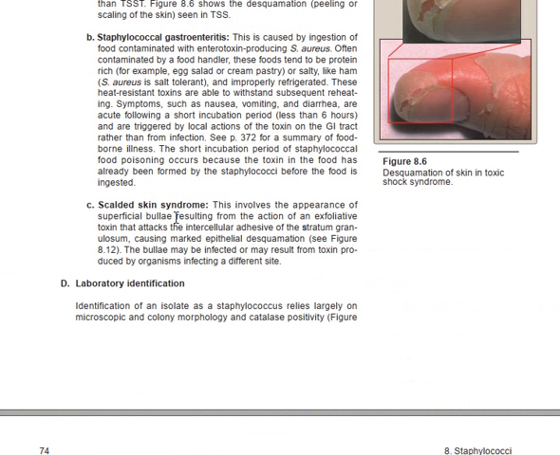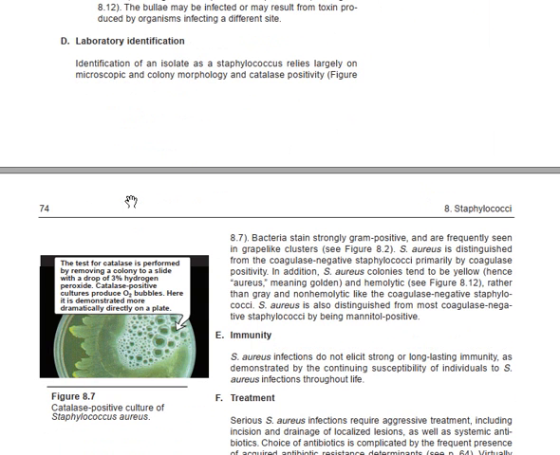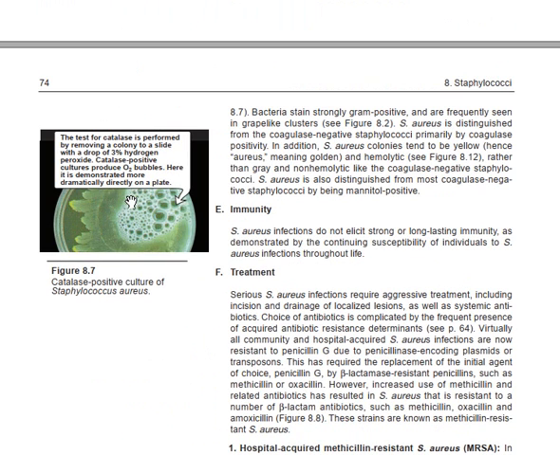But in bullous impetigo, you also have bullae, just like scalded skin syndrome. The difference is that in scalded skin syndrome, just like the word implies, the skin is going to peel off due to the toxins, while in bullous impetigo, usually the skin does not peel off and the lesions contain pus.